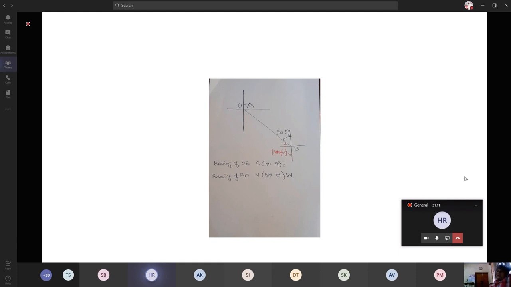Suppose the bearing of a line AB is south 21 degree east. What will be the bearing of line BA?